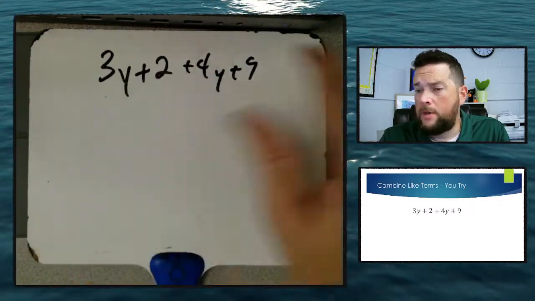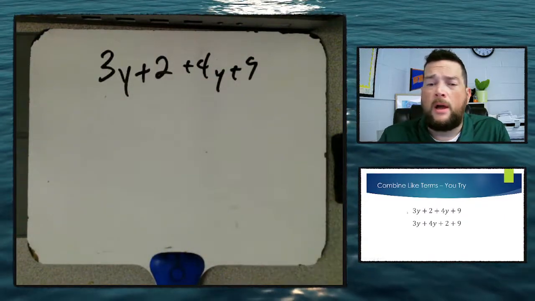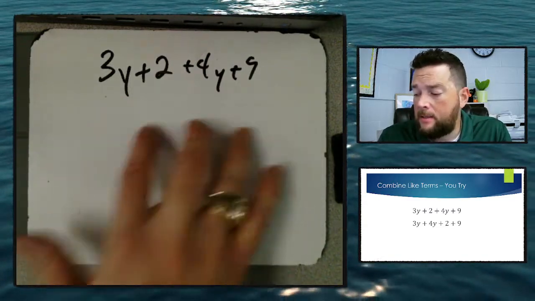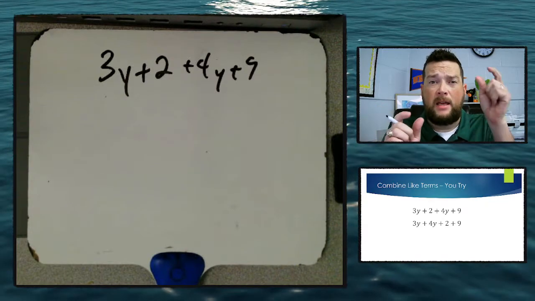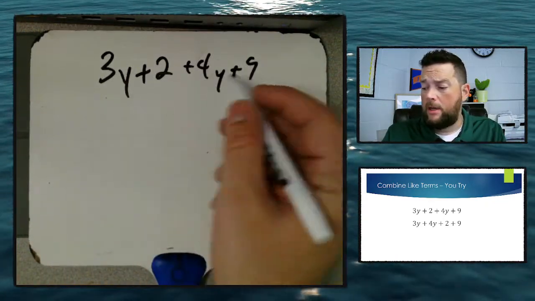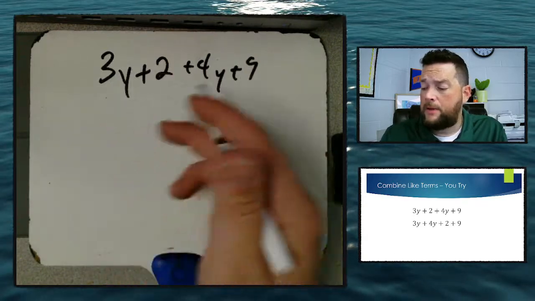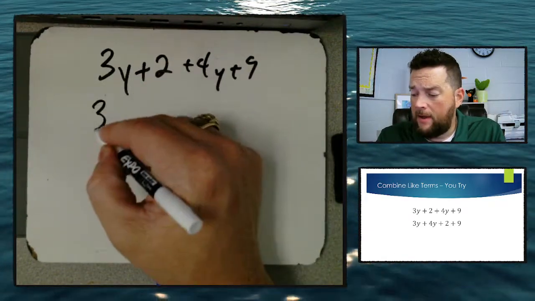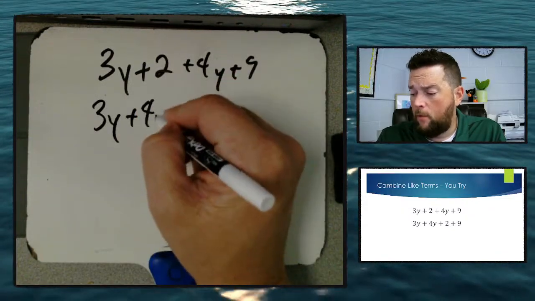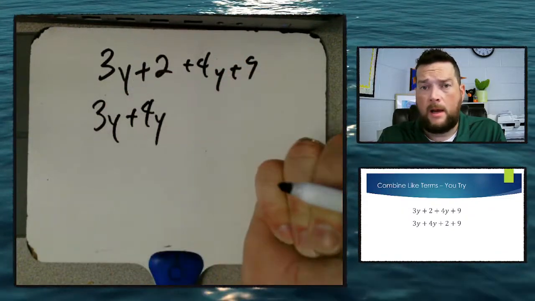But once you're done with that, you want to try to reorganize this using the commutative property of addition that says if it's all addition, and I see all addition here between the terms, then I can commute the numbers. I can move them, all right? So I've got 3y plus, I'm going to put that 4y next to it because it has like terms.